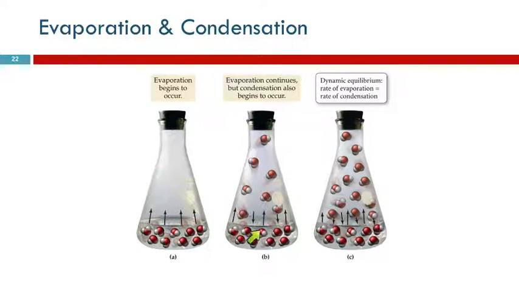So you've got things coming out of the water, and then you've got things going back in. And eventually you're going to get to a dynamic equilibrium where the rate of evaporation is equal to the rate of condensation. So you have water vapor up here. That water vapor has a pressure. We call it the vapor pressure, and it depends on the temperature of the liquid.